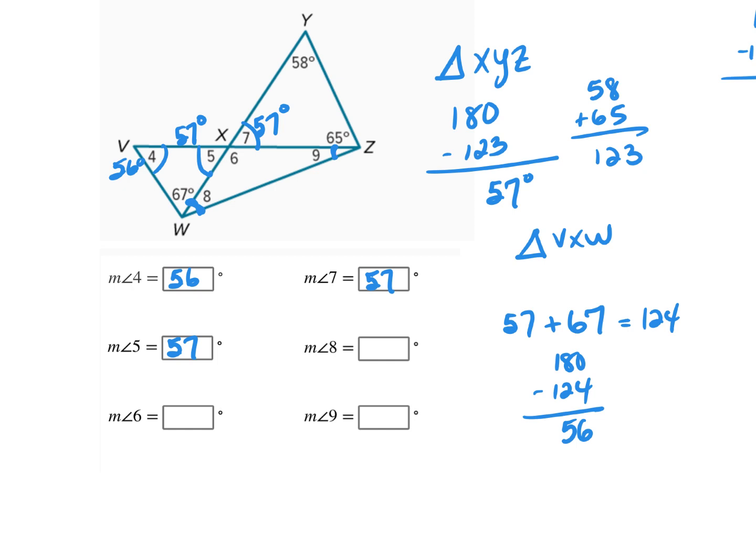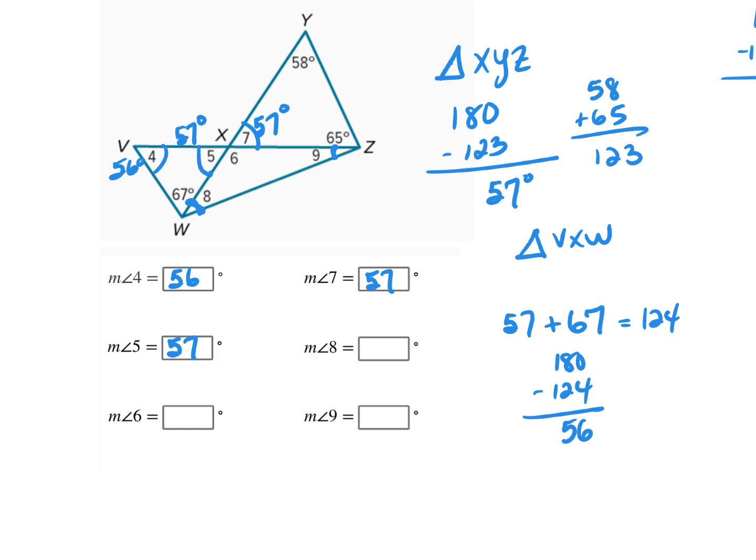And we need to remember, what do those little arcs mean? What they mean is that 8 and 9 are congruent. Okay, so that's going to be helpful. We don't know what angles 8 and 9 represent, but we know they're going to be the same number.